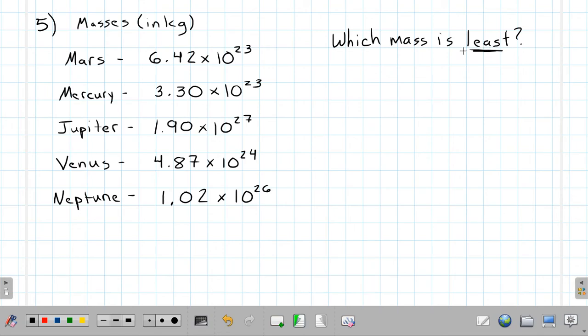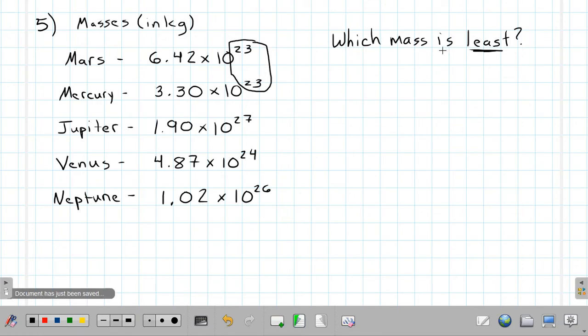Which mass is least? Well, it's going to be the number with the least exponent. So in this case, out of all these numbers, you have 23, 23, 27, 24, and 26. Well, the least number out of all those is 23, but then we have a problem.